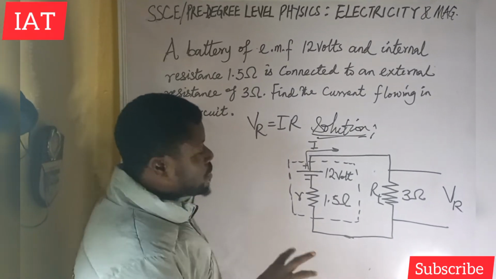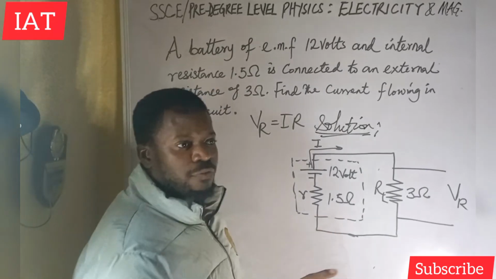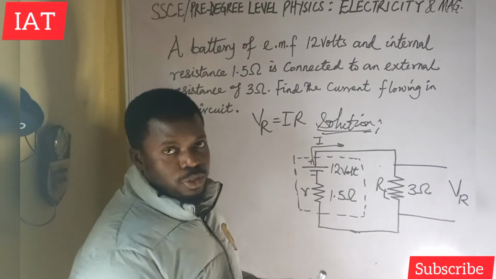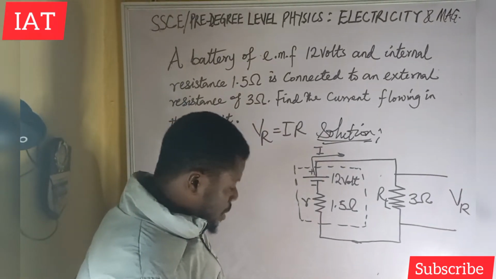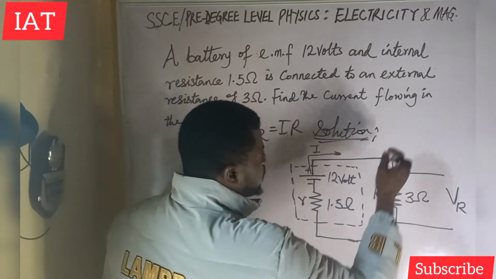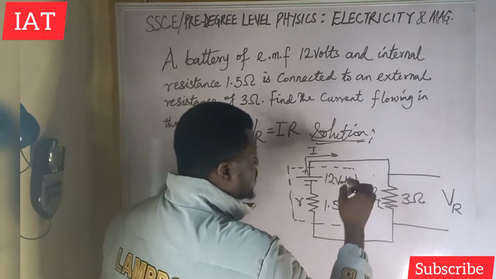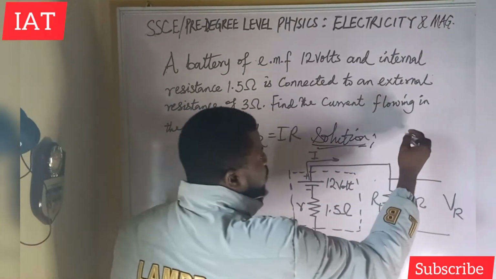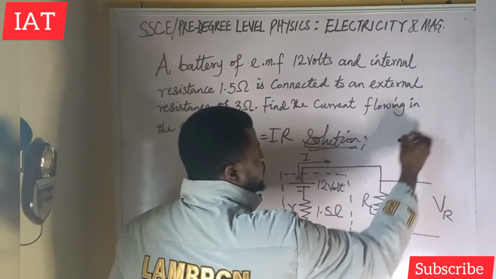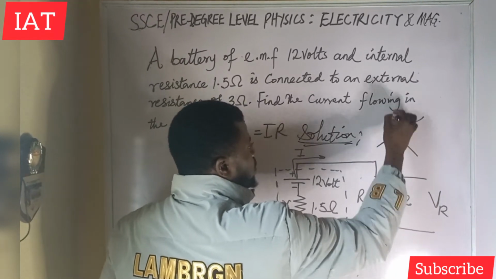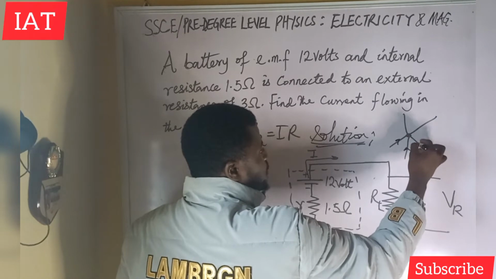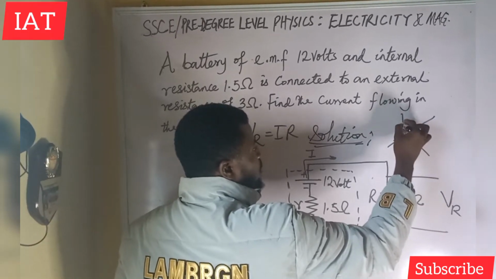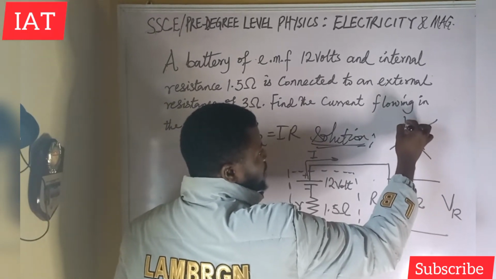Kirchhoff's current law states that the algebraic sum of currents entering a junction is equal to 0. Let's represent it shortly. In Kirchhoff's current law, if this is the source that delivers all this current, let's say these ones are entering, and these ones are leaving.